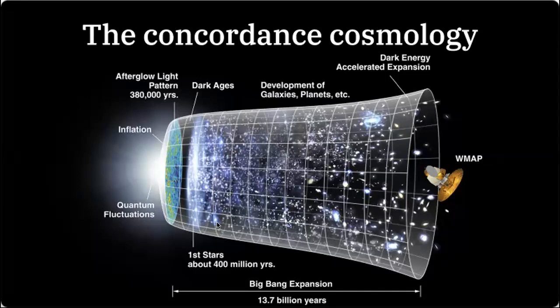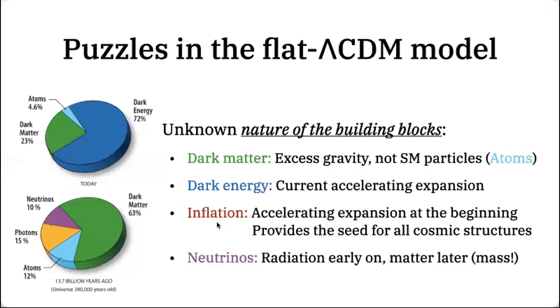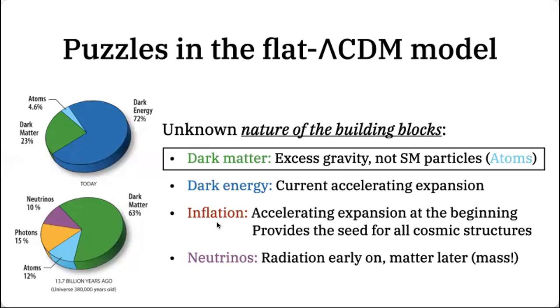As an astrophysical cosmologist, my job is to answer those fundamental questions about the nature of dark matter, dark energy, and inflation from observables. Among them, I'll focus on dark matter today. I'll first summarize the astrophysical properties of dark matter, what we know about it, and the astrophysical constraints on it.